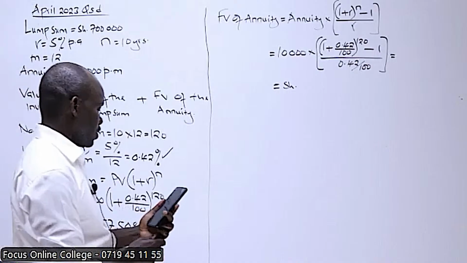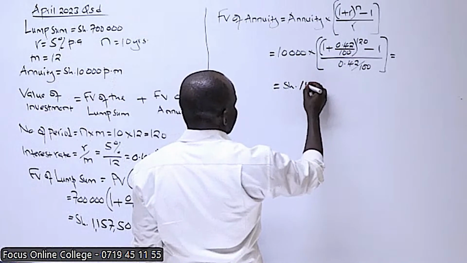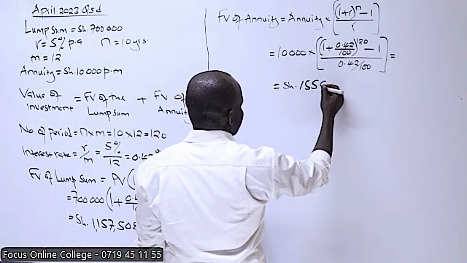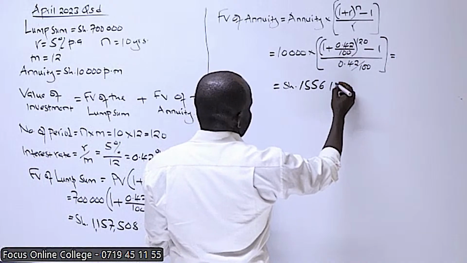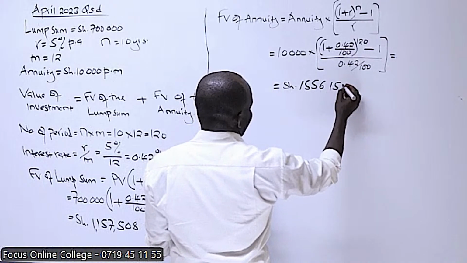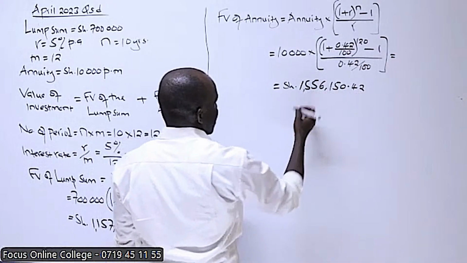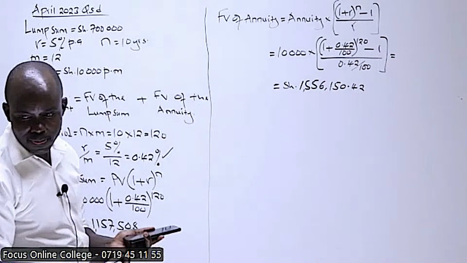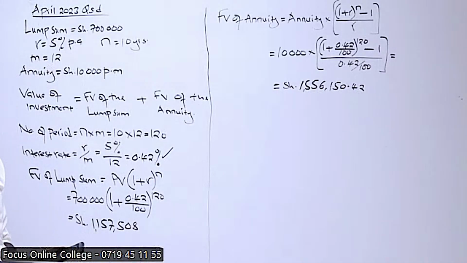I'm getting 1,556,150.42. I believe you're getting the same. 1,556,150.42 for the future value of the annuity.